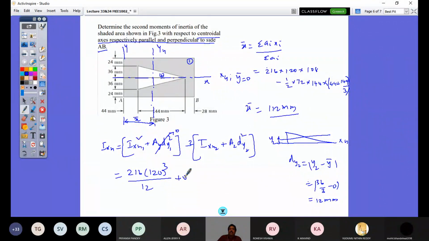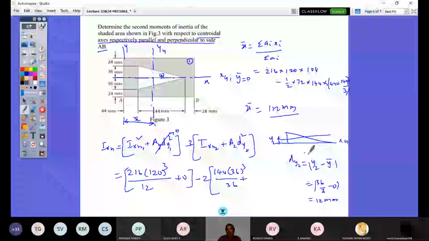What is B now? B is this, that is 144. What is H? It is half the value, 36. So 36 cube by 36 is IXG2, plus area. The area of this smaller triangle is half into B, 144, into H, 36, into 12 square.